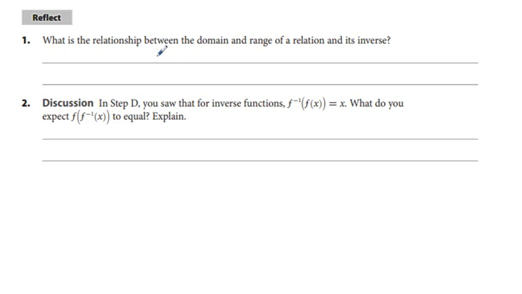What is the relationship between the domain of a relation and its inverse? Well, the domains and ranges will switch places. I'm just going to write that: the domain of a function is the range of its inverse.